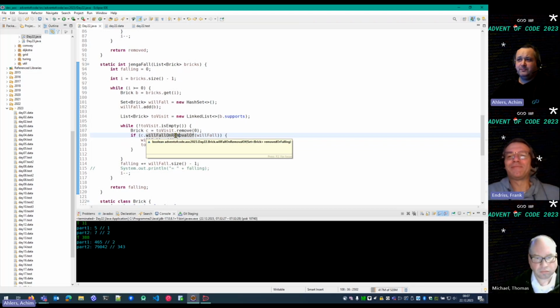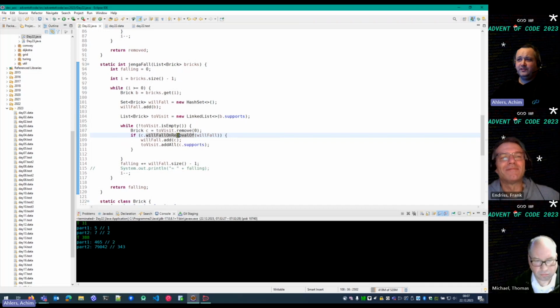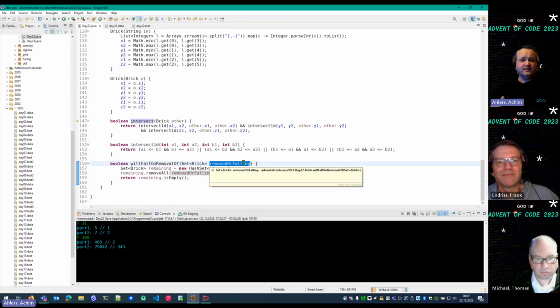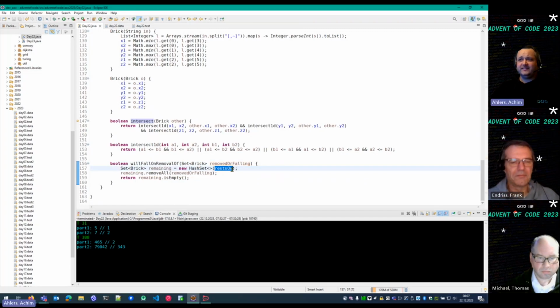I will also again jump in. This method will fall on a removal of. So I put in the entire set of bricks that I have removed or are falling henceforth. I make a copy of my rests on set that I have on that instance.